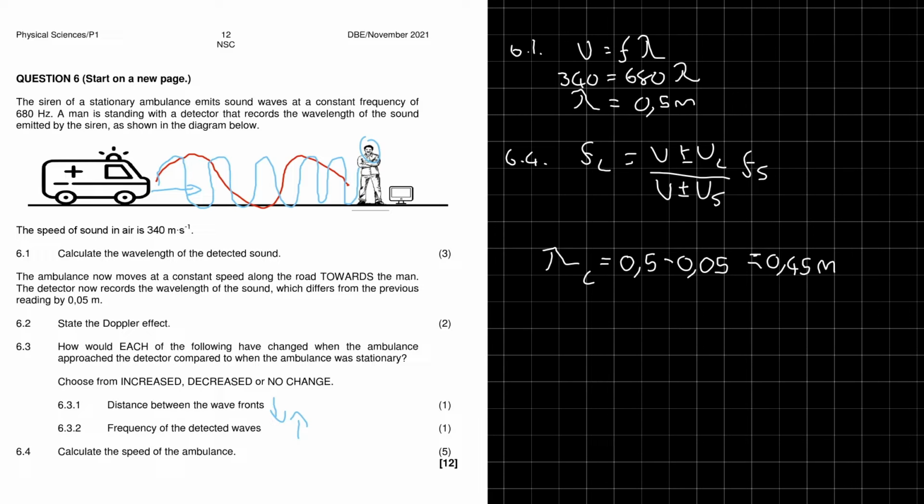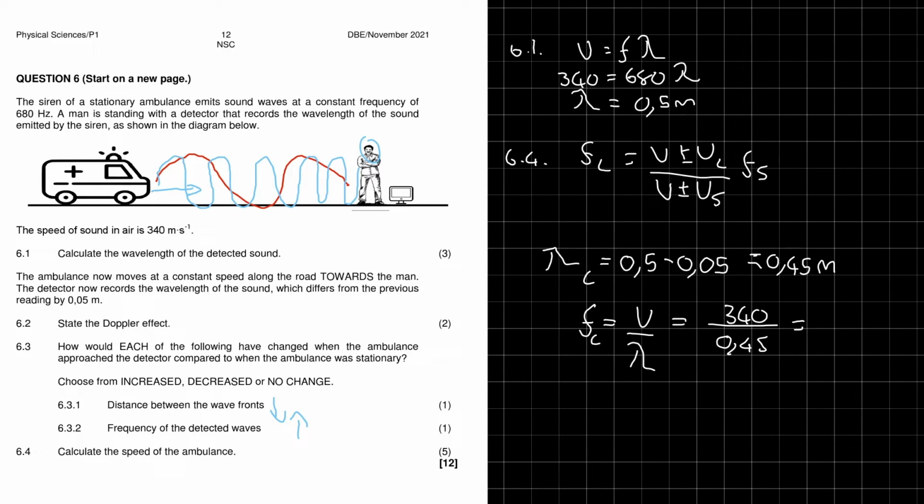But remember, that's just wavelength. We want to know what the frequency is. So we can use this equation here: frequency is equal to the velocity of sound divided by that new wavelength. So this is the frequency of the listener, and that's going to be 340 over 0.45.